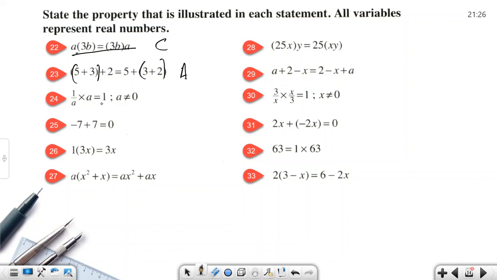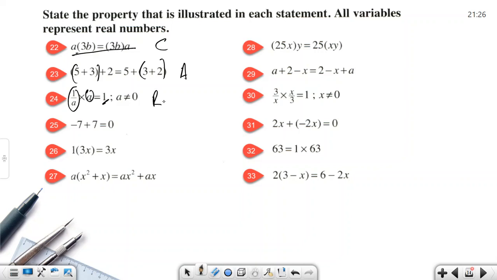This is commutative. This is the rule of zero, identity. Identity of zero, that's 1, sorry. 1, because it's multiplication. No, that's not identity. Sorry. That's not identity. I didn't pay attention. That's that they are reciprocals of each other. When you multiply them, we get 1.